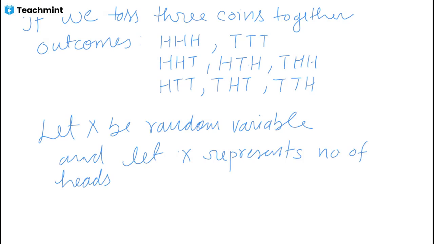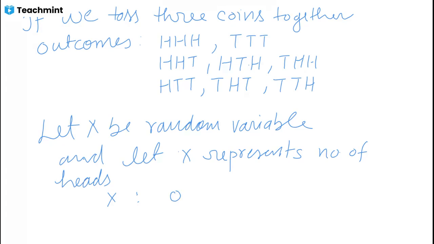So we are doing this for this experiment. All possible values of X we can see here. For no head, X is equal to 0. Here we don't have any head, so we are taking the number of heads as 0.